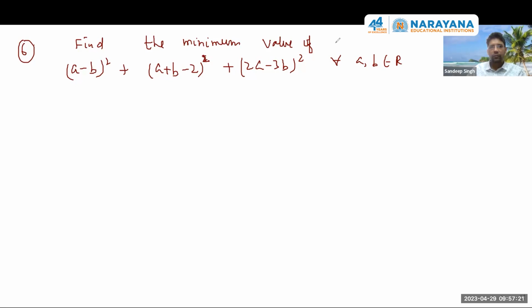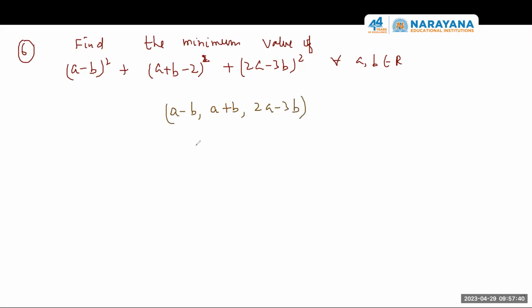Okay. The first one denotes a plane. So the shortest distance between the point 0 comma 2 comma 0 and the plane. This you have taken a minus b, a plus b, and 2a minus 3b, is that what you are telling? Yes, sir. And then from 0, 2, 0. Correct?